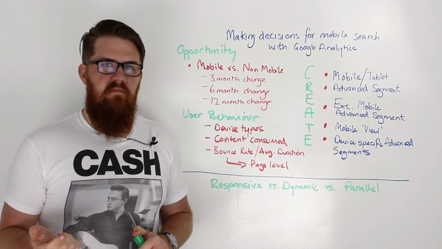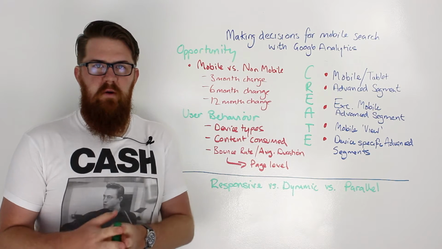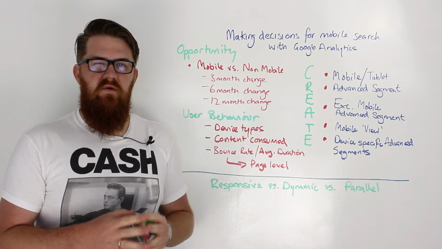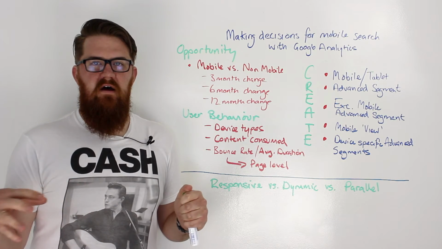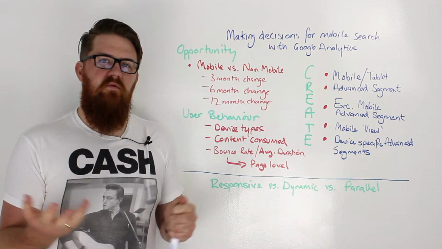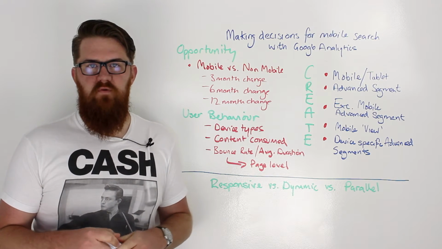So with that in mind, we should start to treat mobile and desktop not so much separately, but we shouldn't just absorb everything within one overall view of how the site performs.